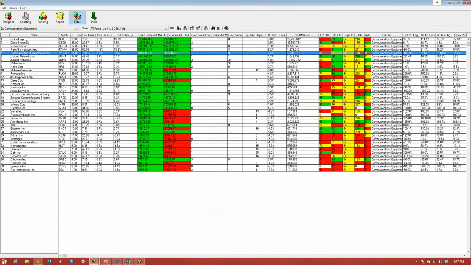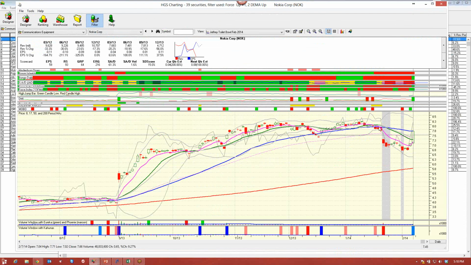Communication equipment. It's funny, I didn't really love the Nokia chart when I looked at it, but it was up 10% in 5 days. I didn't love it because it's below the 200, starting to turn green. It had sold off pretty hard, so maybe it's setting up now for a nice opportunity to think about.